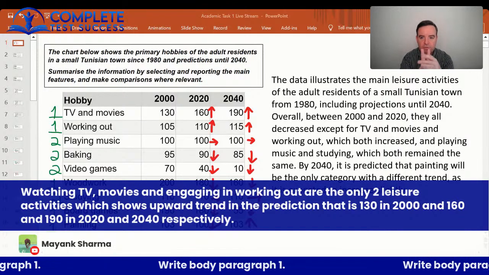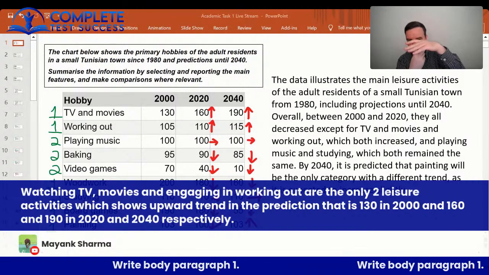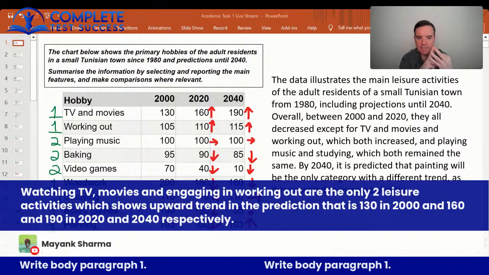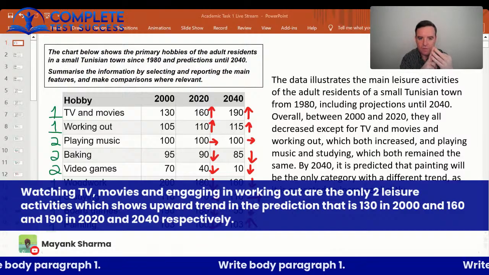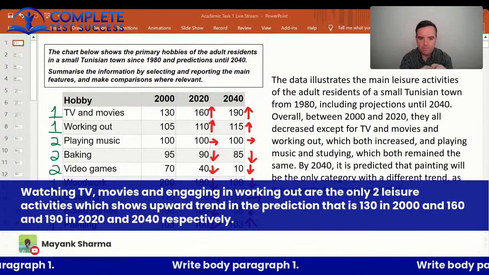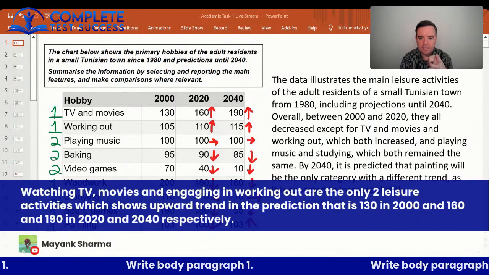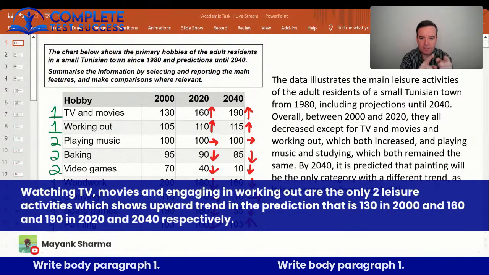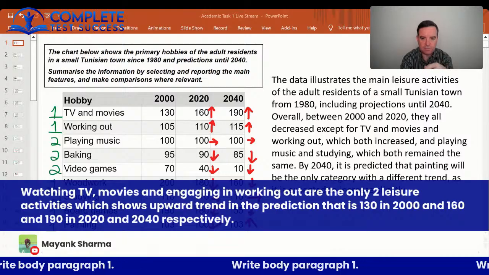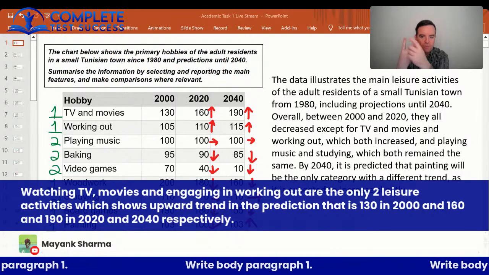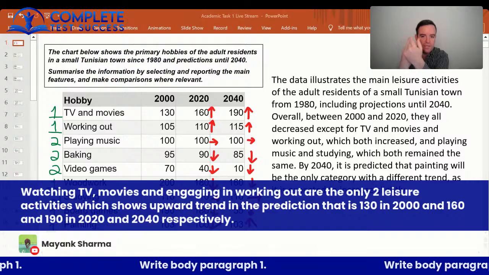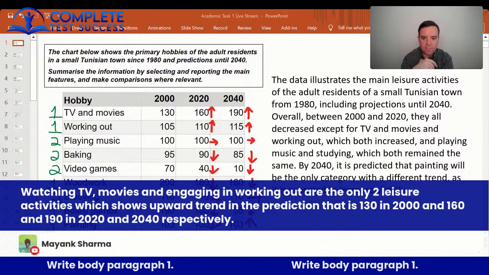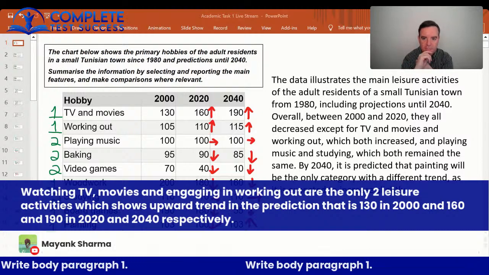You have 2 categories, watching TV and movies and working out, and then you have 3 pieces of data, 130, 160 and 190. So 130 is for 2000, 160 is for 2020, 190 is for 2040, but which of the 2 categories are you talking about? That's quite unclear.